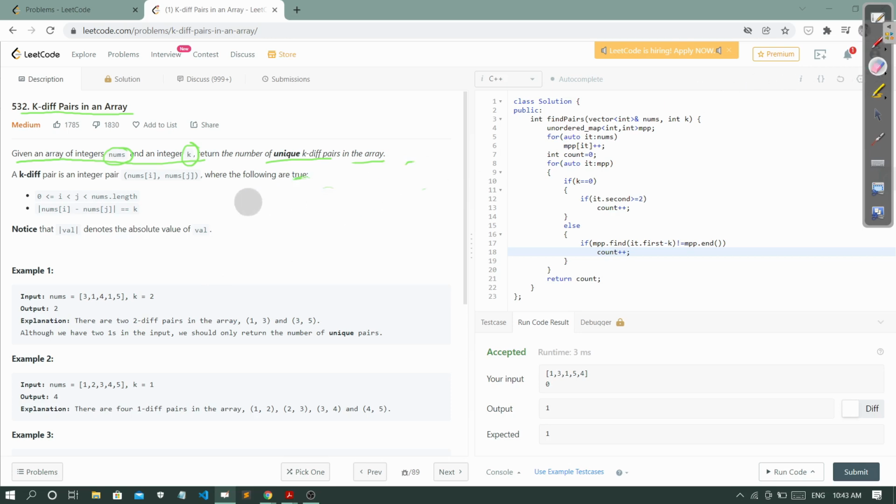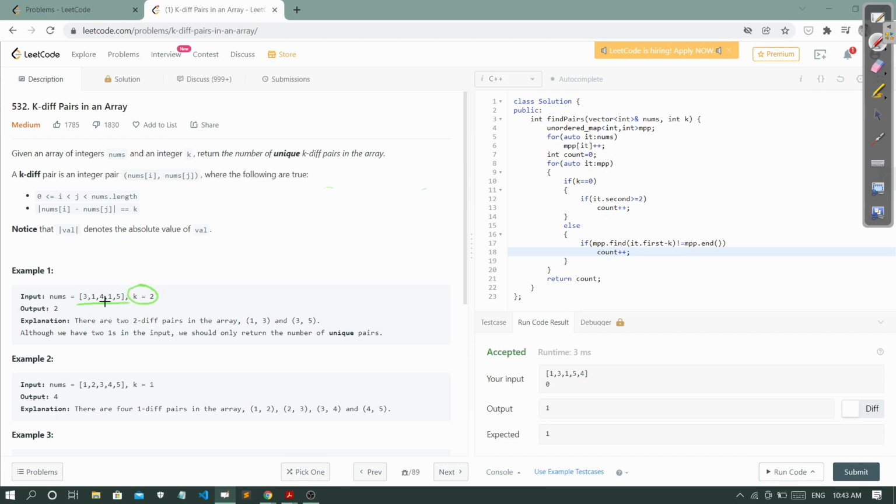Okay, so let's try to see the test cases, and after that we will understand this problem very well. See, if I consider this example, we have been given the nums array 3 1 4 1 5, and k is equal to 2.